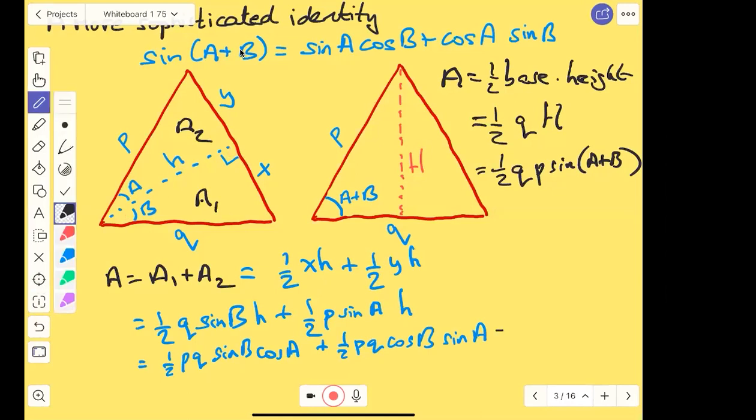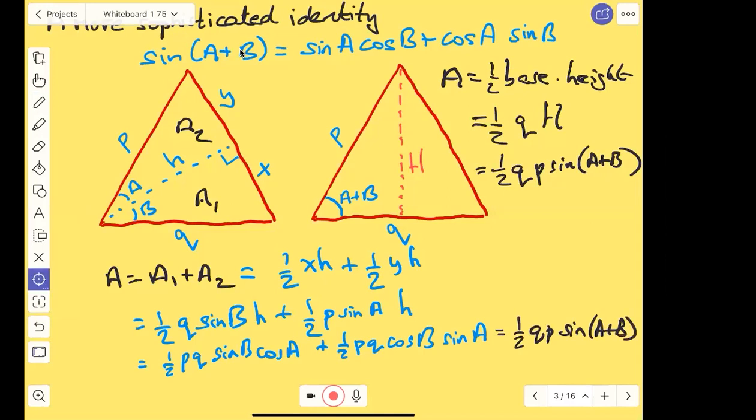And now we're making our statement that these two areas are equal to the total area. So this is equal to a half QP sine of A plus B. And I hope we're all extremely happy, because if we look at this equation, the halves will cancel, the PQ factors will cancel, and we are left with, from this side, sine of A plus B is equal to, and then I'm going to choose to write this term first because it's the way I remember it.